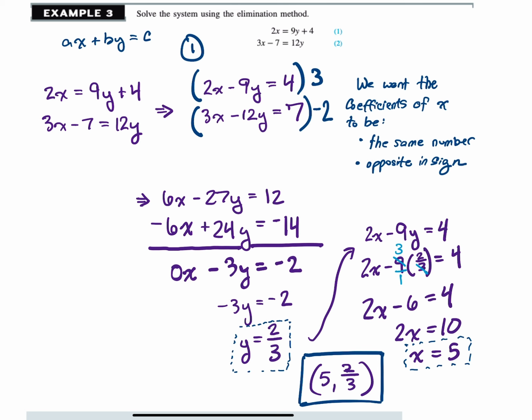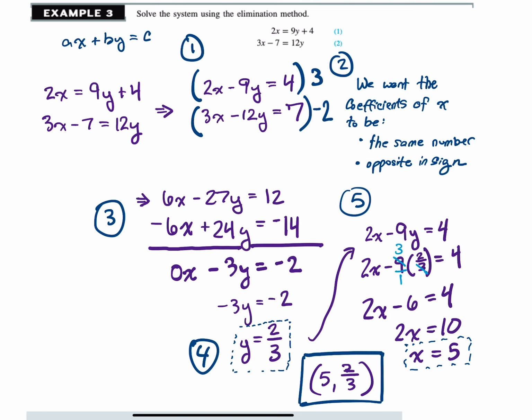And then here we had to multiply each equation by some number in order to get this situation here where we're able to eliminate one of the variables whenever we add them together. And then from there, we're following our process as above. We solve for one of the variables and then plug it into one of our original equations to solve for our final variable.